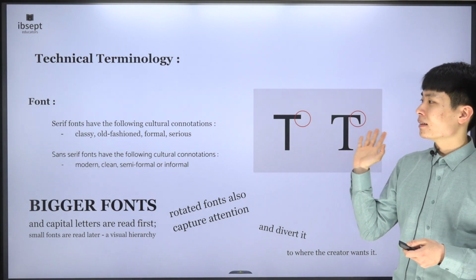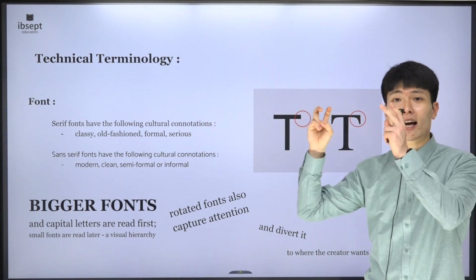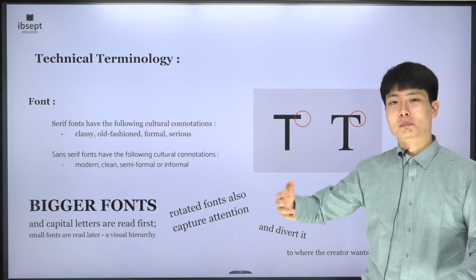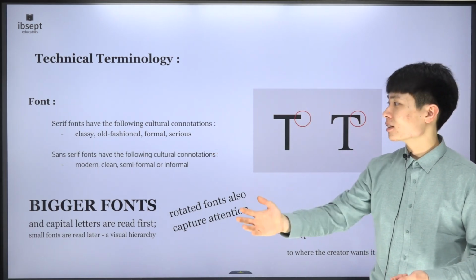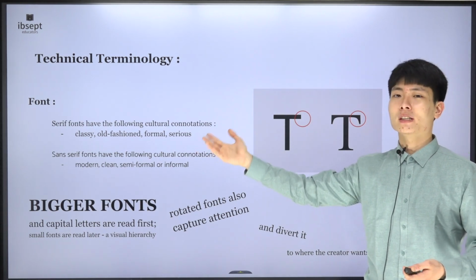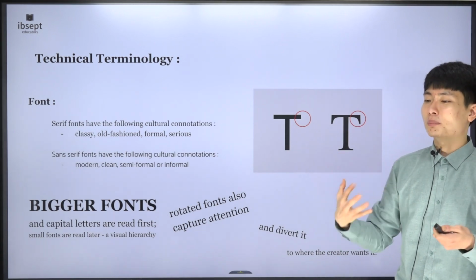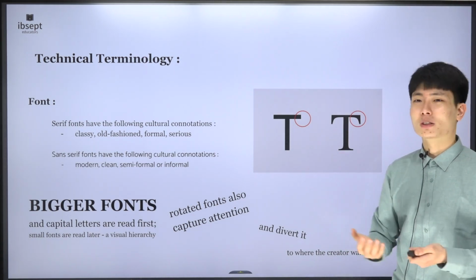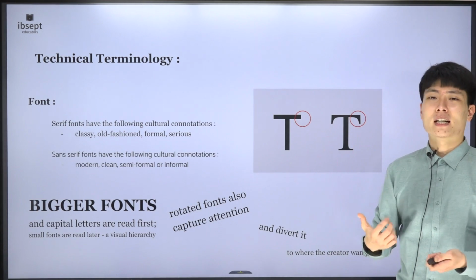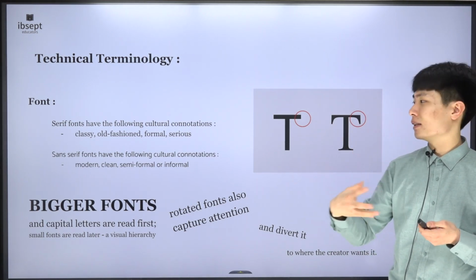Because of that, serif fonts have the following cultural connotations. They're classy, or if you want to put it more negatively, old-fashioned. But they also appear more formal, more serious. So if you're creating a text that wants to appear more formal, more professional, more serious, there's a very high chance that you would be looking at a serif font as your main font.